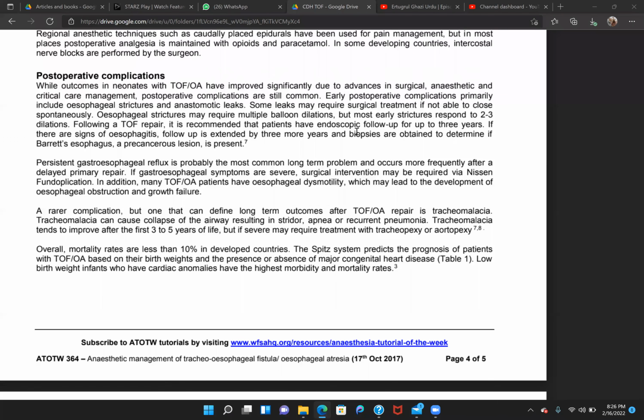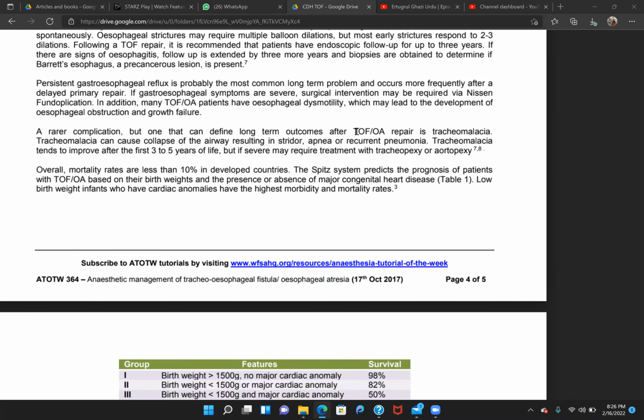How did the surgery go? What surgery was done? How was the anastomosis? What are they expecting? So the advantages of keeping the patient ventilated will be outweighed compared with extubation. So this is a very simple answer to pass the exam.